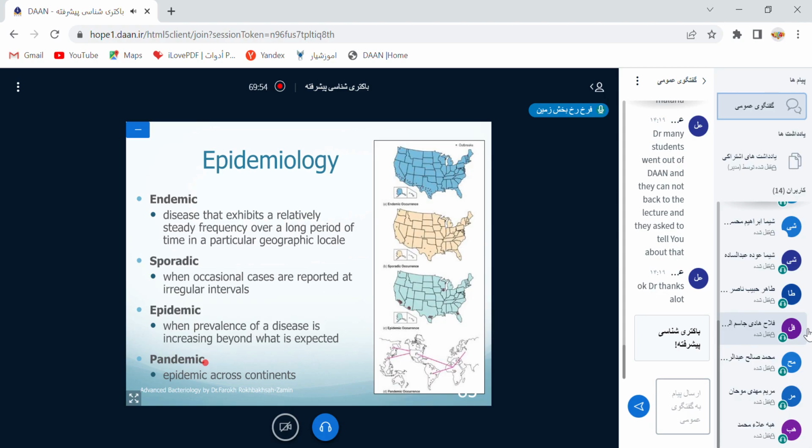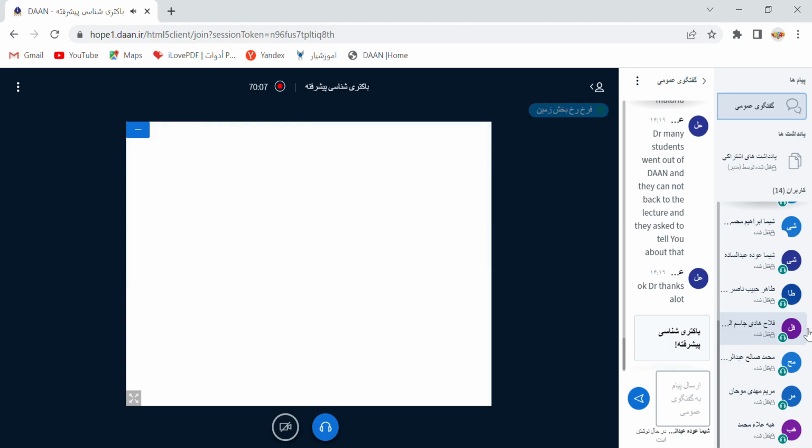And if it is in one country, we call it epidemic. And if it is across many countries or the whole world, we call it pandemic.